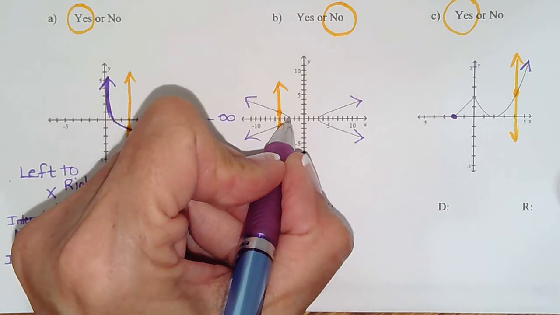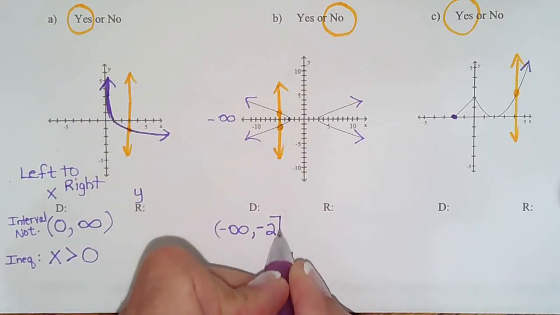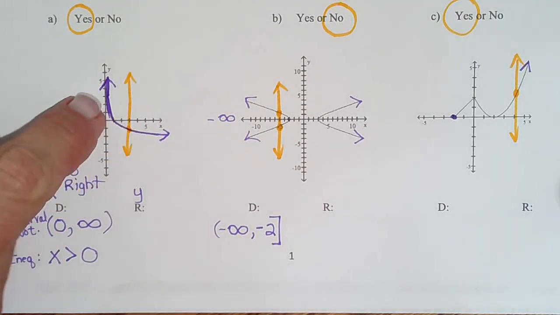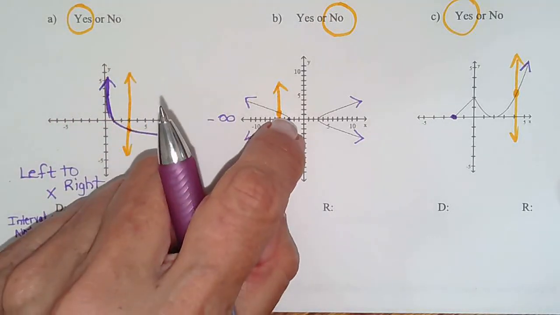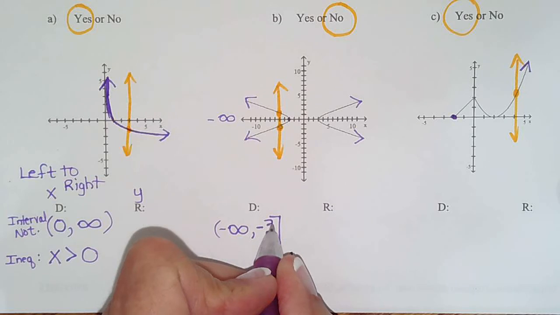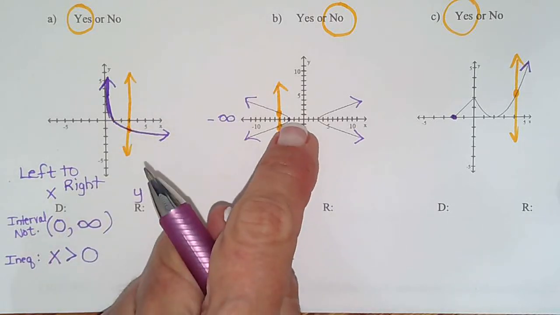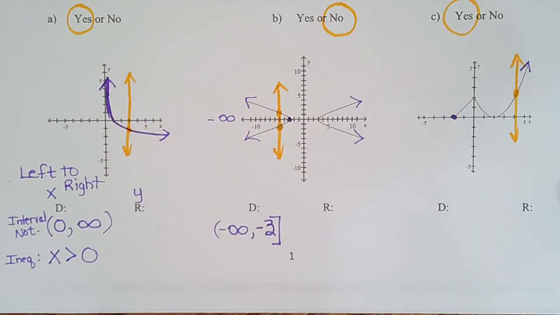Yep, and it's an actual point. So because it's an actual point, we put a bracket. Here it never hits 0, it just crawls along the axis. But here, negative, oops, that's negative 3, isn't it?